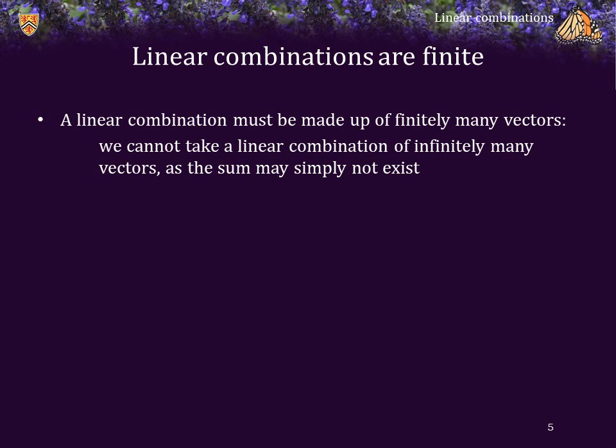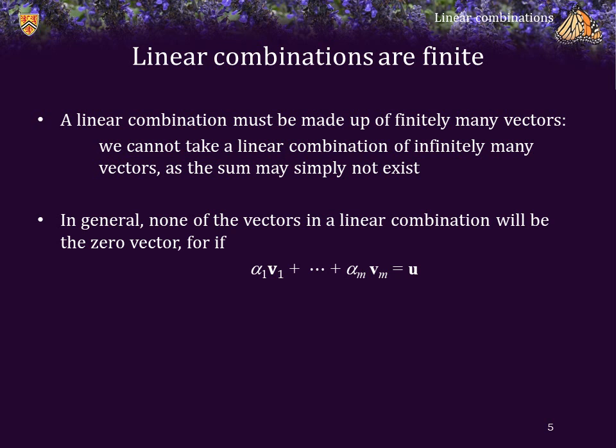For example, if you were to add the two-dimensional vector (1, 1) to itself infinitely many times, that adds up to the vector containing the entries infinity and infinity, which is not real. So such a sum is not a real two-dimensional vector.